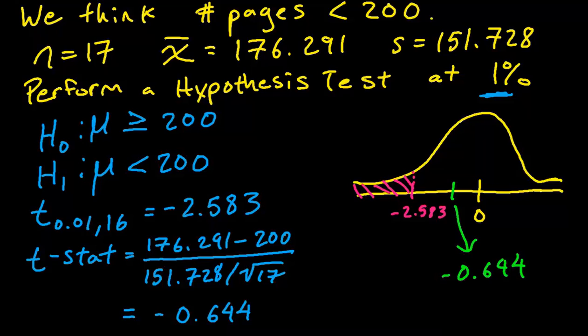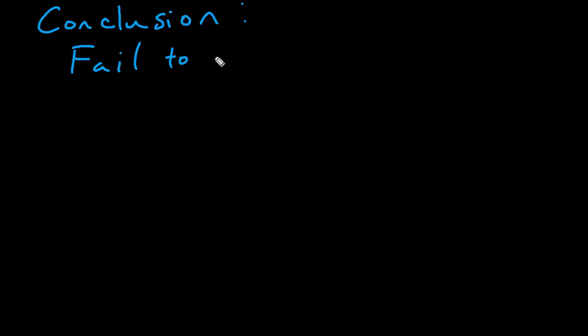All right, let's clear this off, and then I'm going to write that conclusion down. Our conclusion: we would fail to reject the null hypothesis. And when we fail to reject, that's all we really need to say. If you're just asked for a conclusion, we failed to reject the null hypothesis. If you're asked for something more, like what that suggests, it doesn't prove anything, but it might suggest some things.